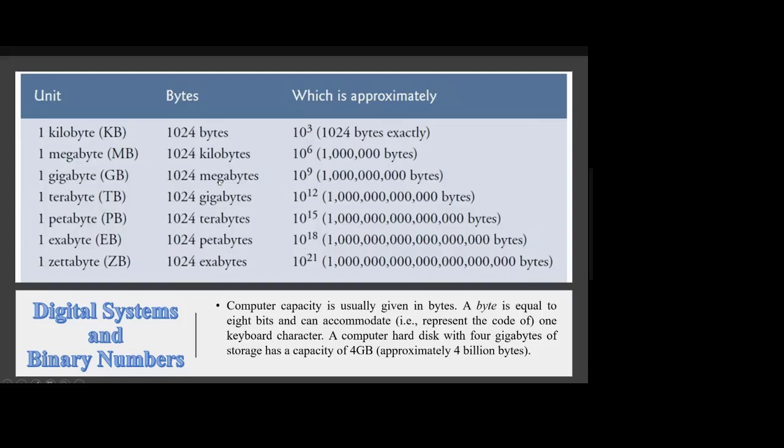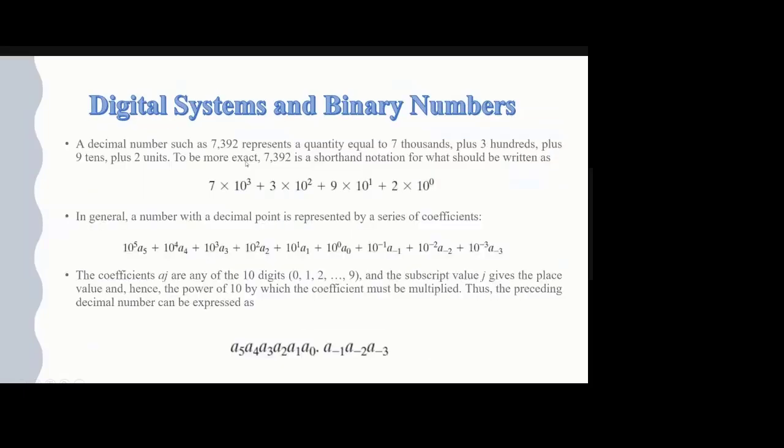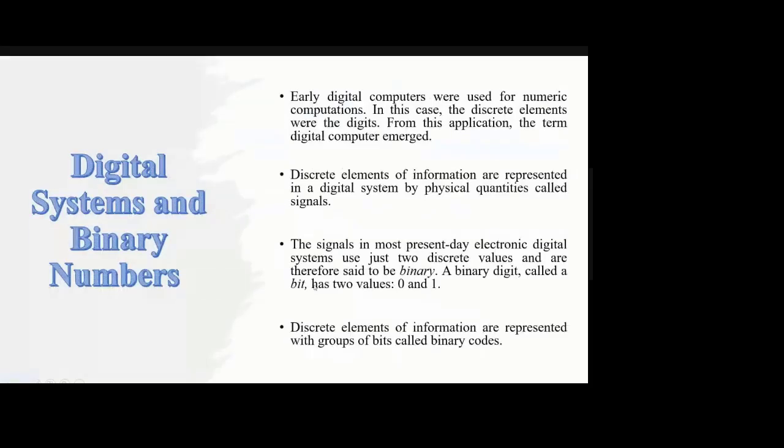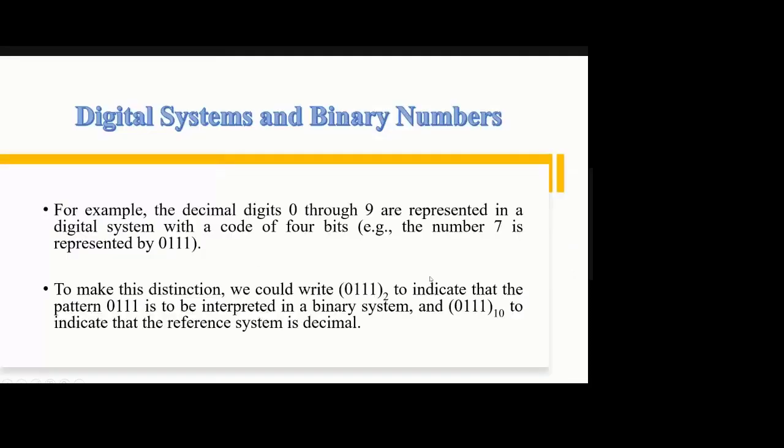The most important thing is that the computer capacity in digital systems is given in bytes. But we learned about the bit. As you see here, we said that a binary digit is called a bit, which means that this 0 and this 1, each of them is a bit.